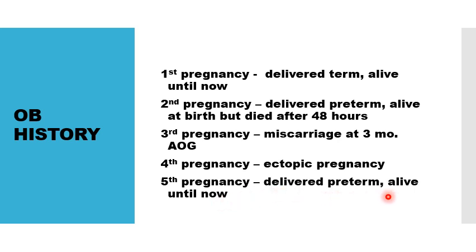The OB score is gravida 5, para 3-1-2-2-2. So the OB score is gravida 5, para 3-1-2-2-2.